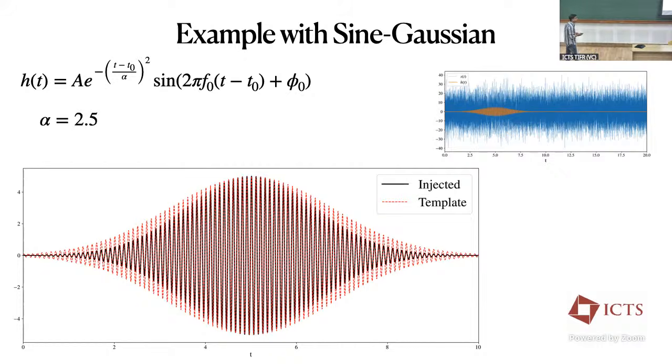The template now has more power within it. So when we multiply this data and this template and calculate the integral, just because the template at alpha equal to 2.5 had more power, we are getting more contribution from that naive matched filter.